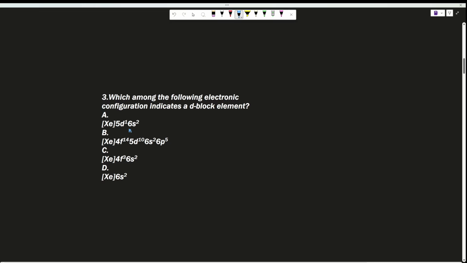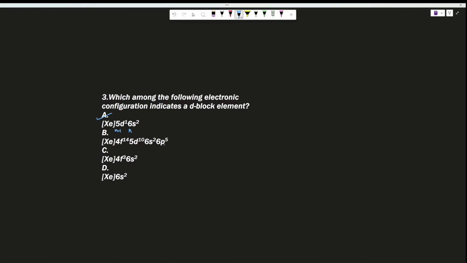See, this is n, this is n-1. Right, we should have (n-1)d and then ns. So this itself is a D block element. Whereas in B you have the last electron in the p orbital, then here you have s orbital, here also you have s orbital. So that is not a D block element.